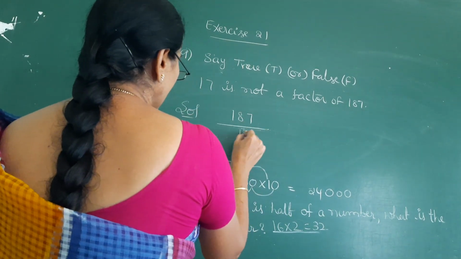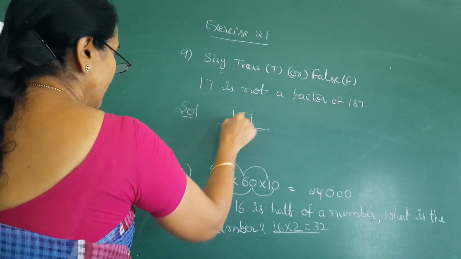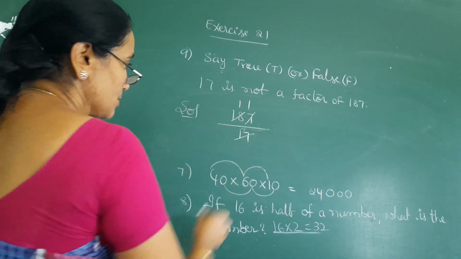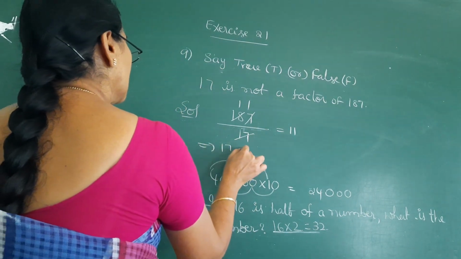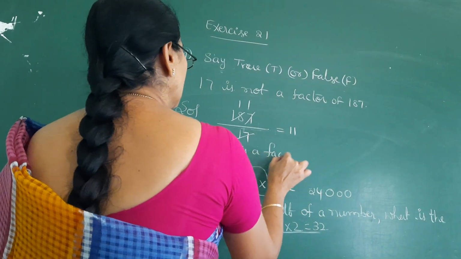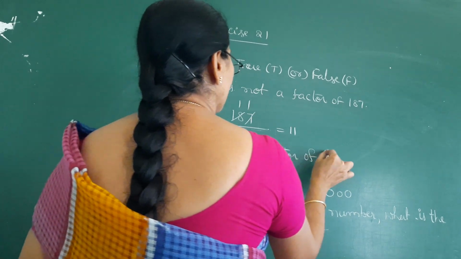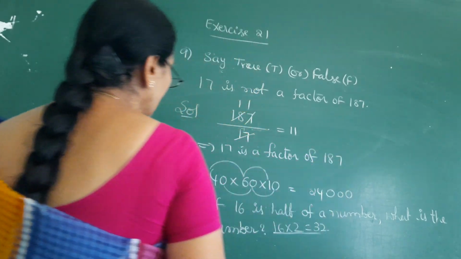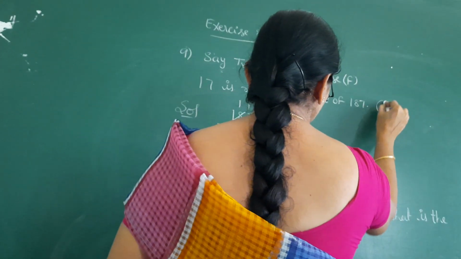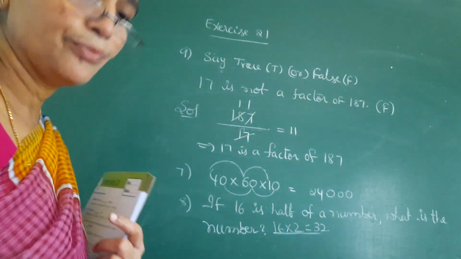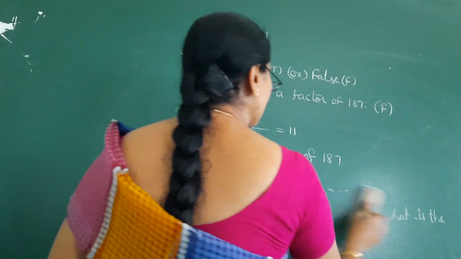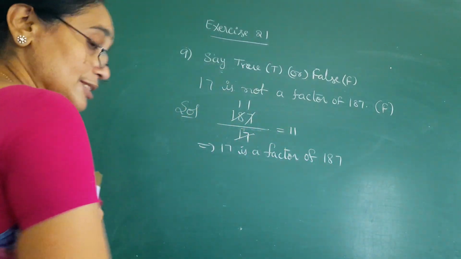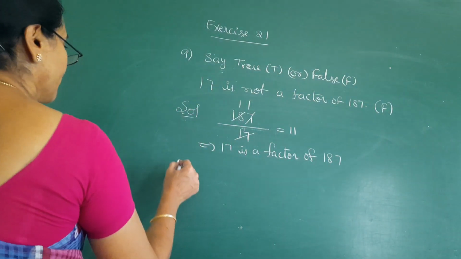We have to divide that with 17. 17 ones are 17. So it completely divides. That means 17 is a factor of 187. But here the given statement says it is not a factor, so it is false. Factor means it completely divides the given number, that means remainder is 0.